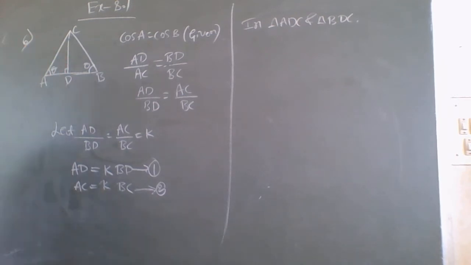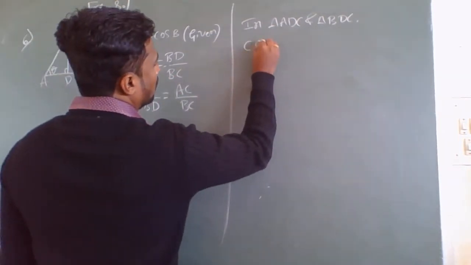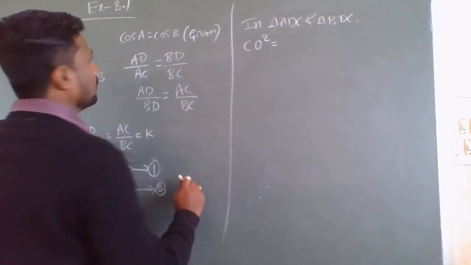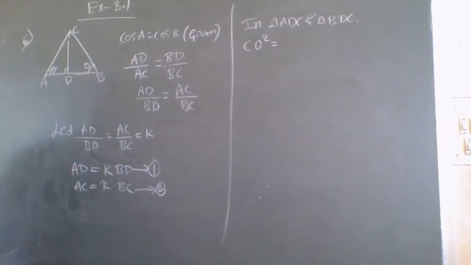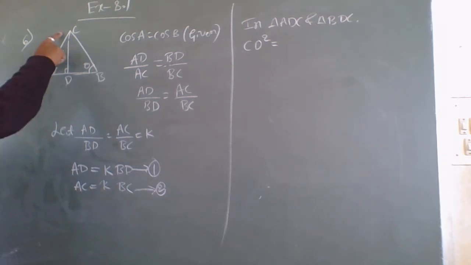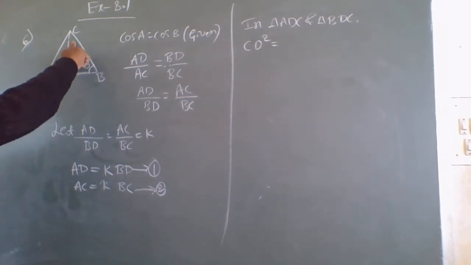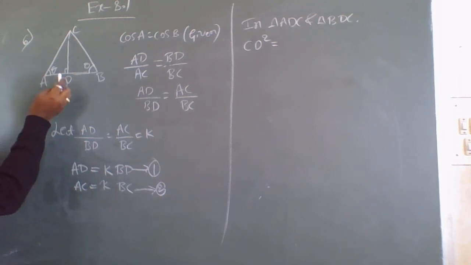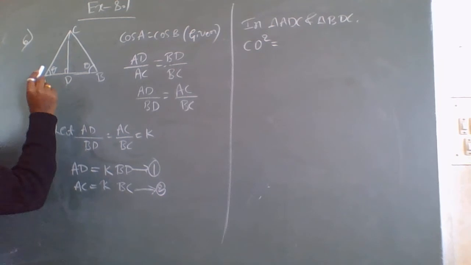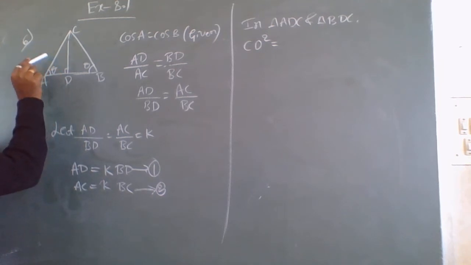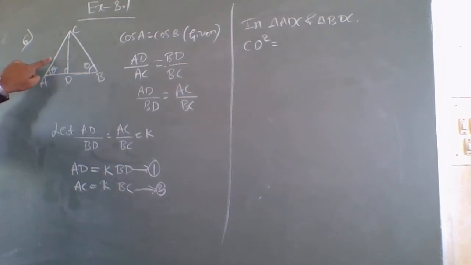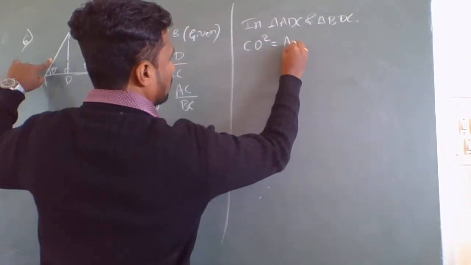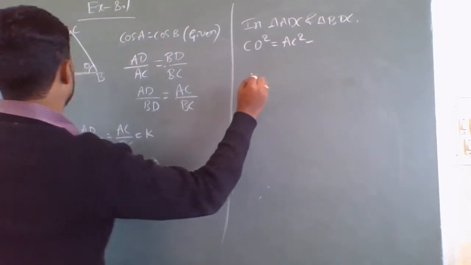So in triangle ADC, CD square equals AC square minus AD square. The length of any side of the triangle equals the difference between the hypotenuse and the other side. So CD square equals AC square minus AD square.